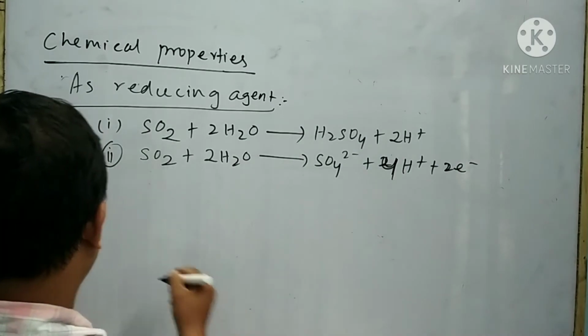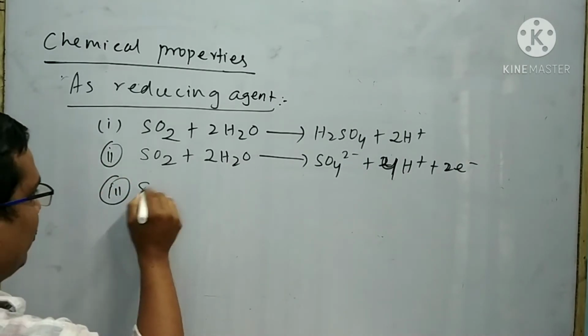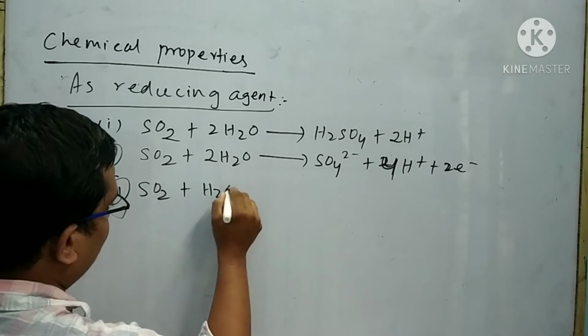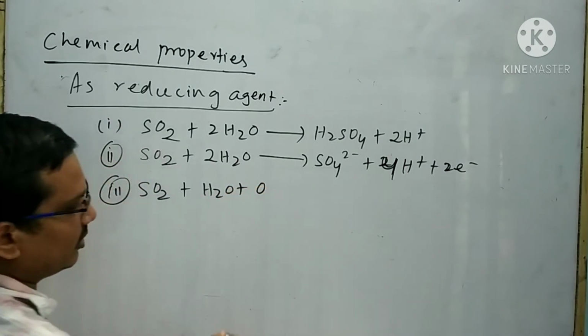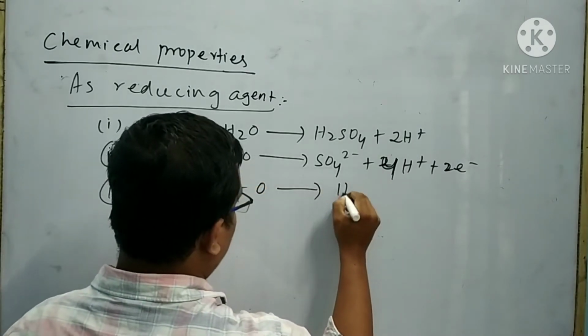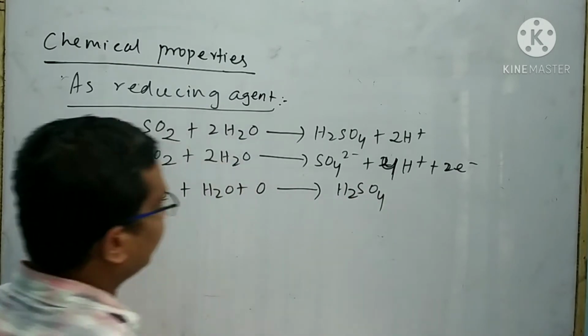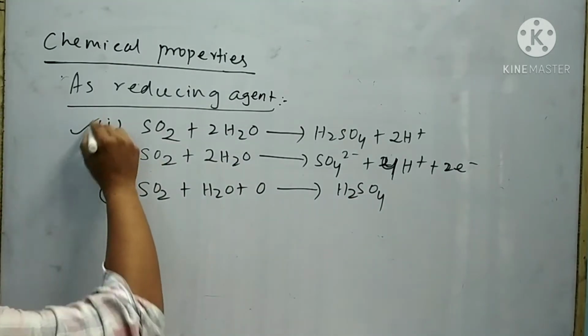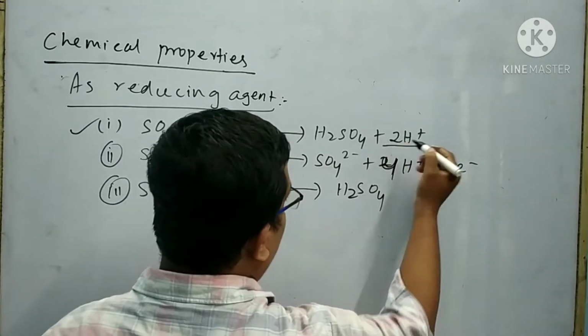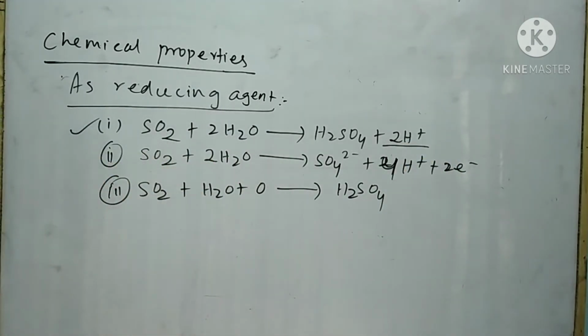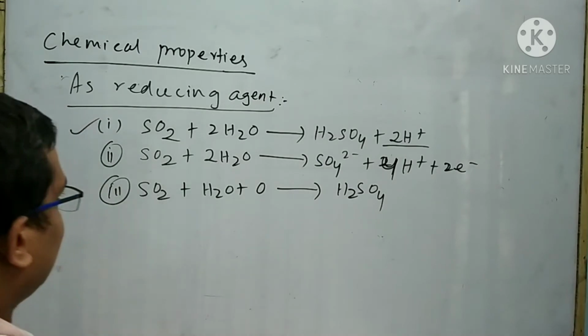Next reaction is SO2 plus H2O plus nascent oxygen gives H2SO4. Look at that. In this reaction, H plus ion is produced, so SO2 acts as a good reducing agent.